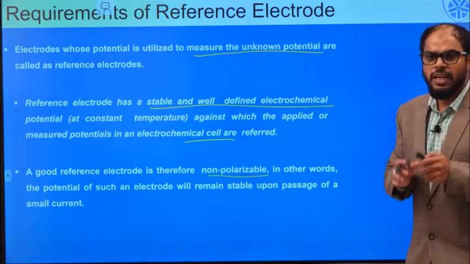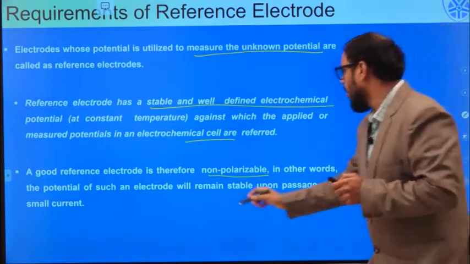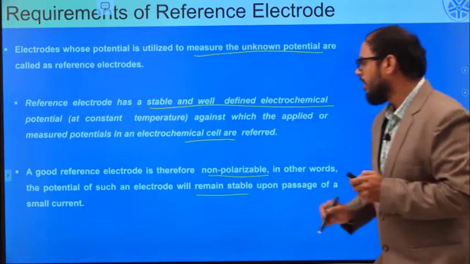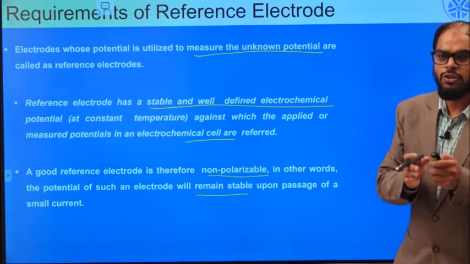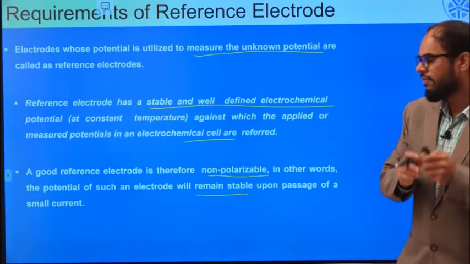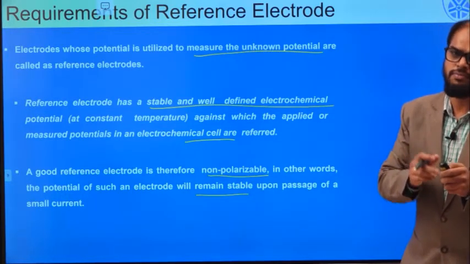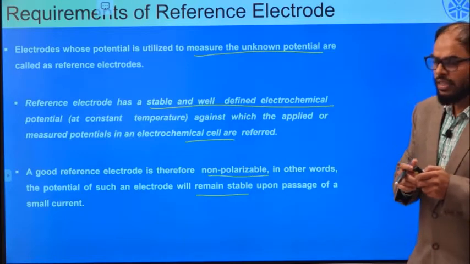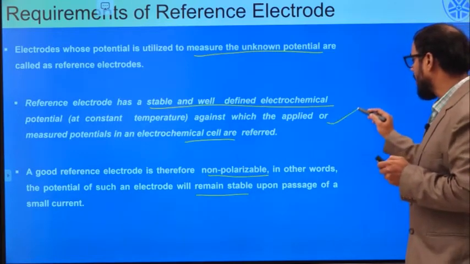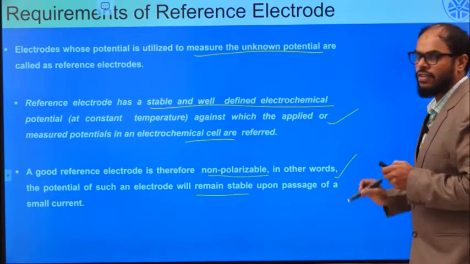That means its potential value should not vary with time, and the value should remain stable on passage of even a small amount of current. These are the two important parameters required for a reference electrode.